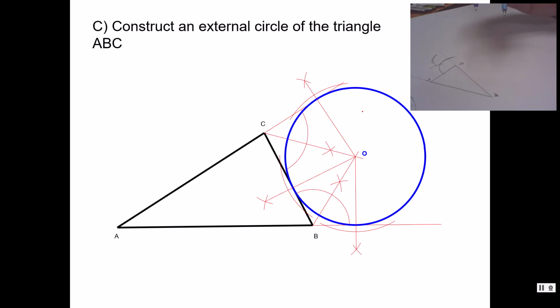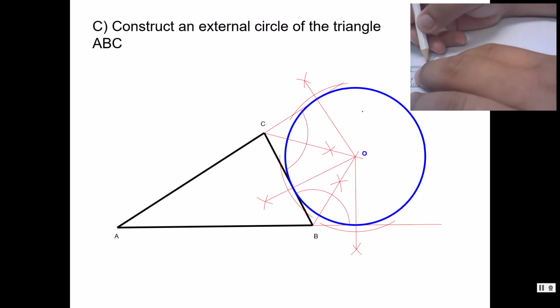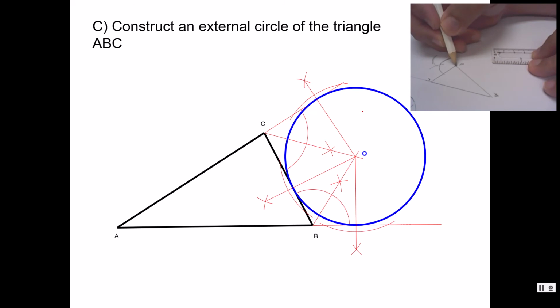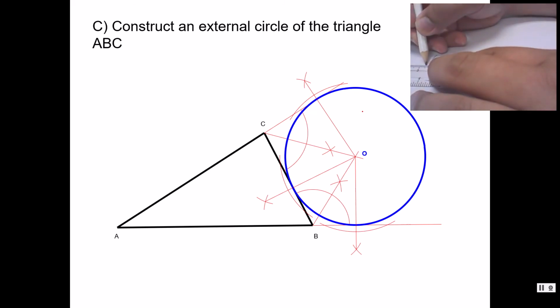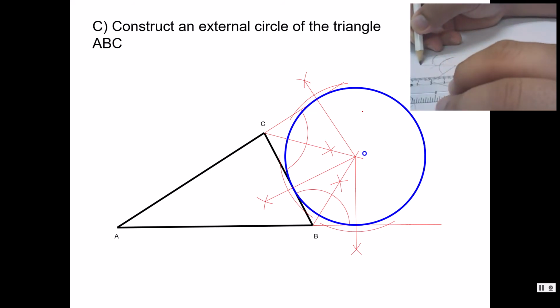Otherwise, the distance will move. You can see here, the way I drew it is not really that nice, because we have a double layer here. But it's okay, this is just to show you. After you bisect the angle, you get this angle. So draw a straight line from here to touch the point here.